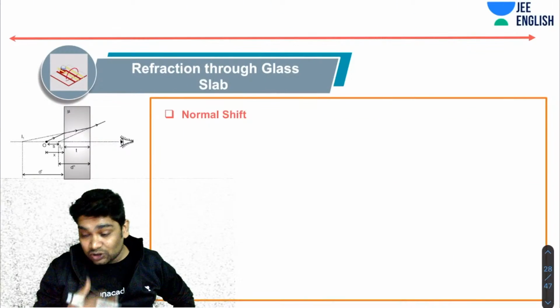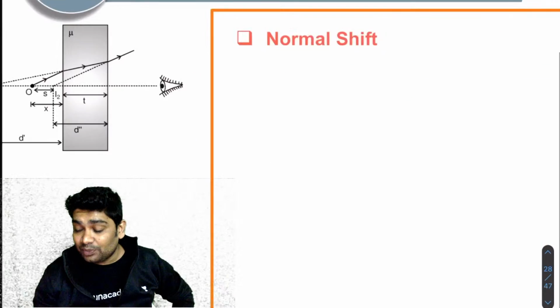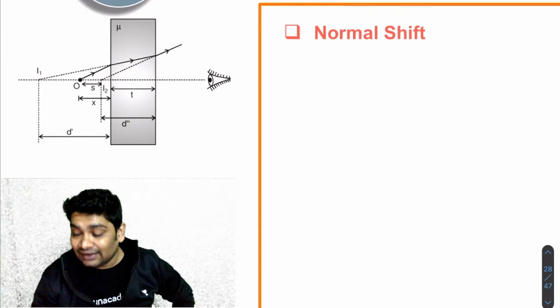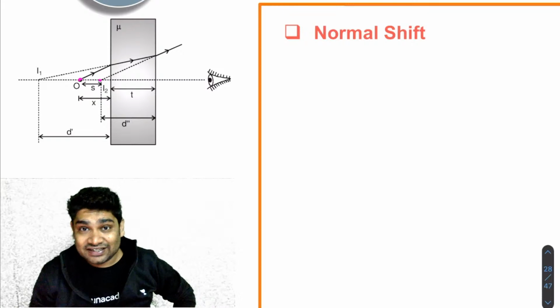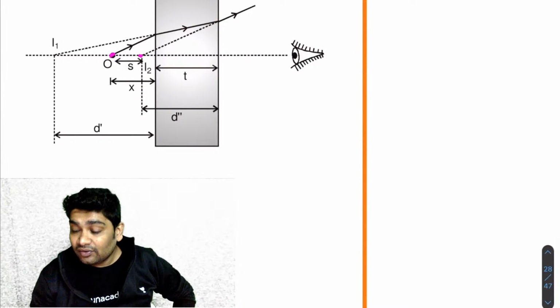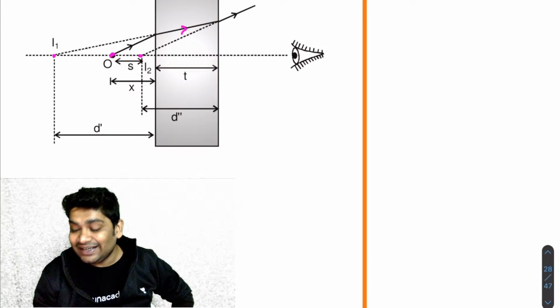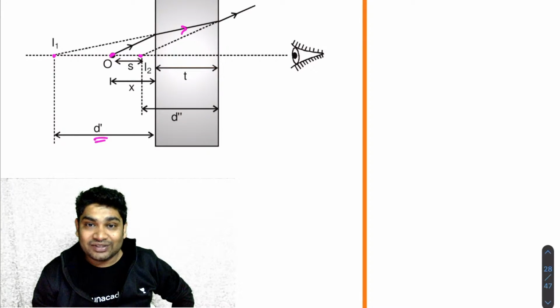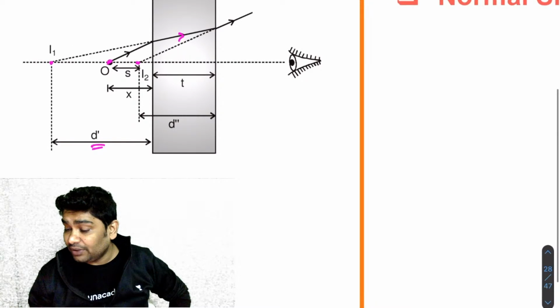Now, we will also talk about normal shift again. Any object that is kept here at a distance will appear shifted to this distance. And how much is the shift? Let's talk about that. When this refraction happens, one image is formed here, and you should know how much this d dash will be.